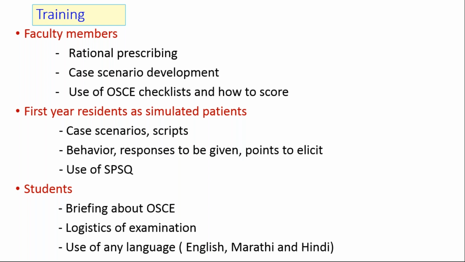It should not be too complex. It should not be running into pages. It should be a small para which they can read and understand the diagnosis. We also train them how to use the OSCE checklist, and we use this OSCE checklist for the teachers, for the assessment.